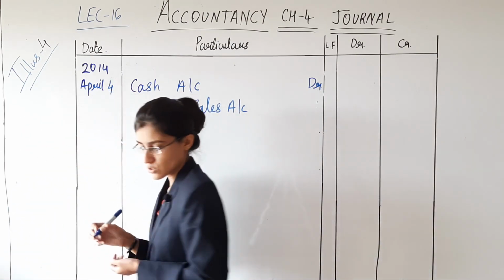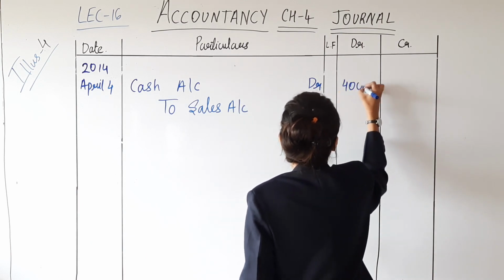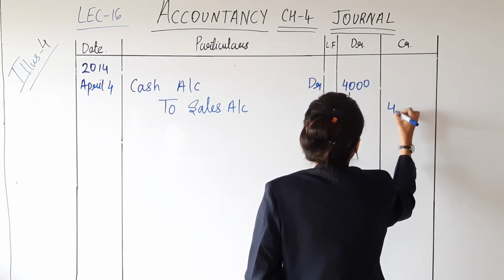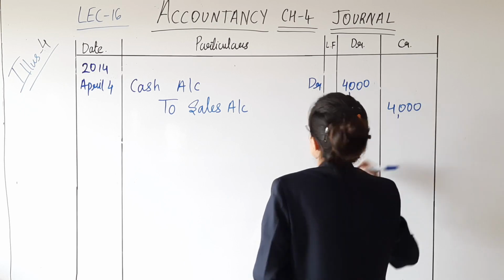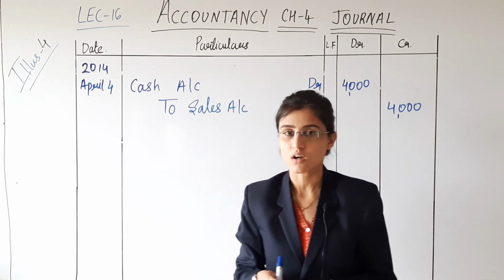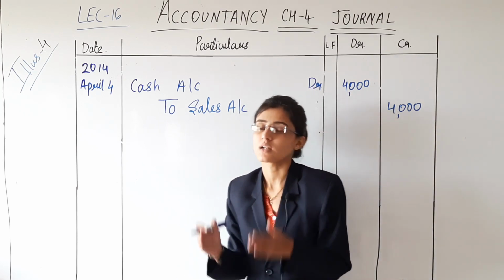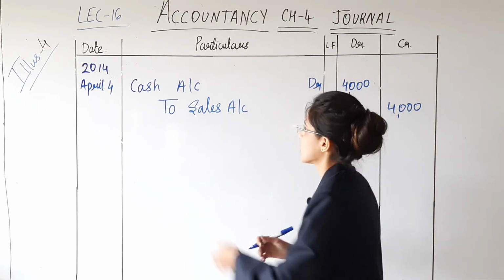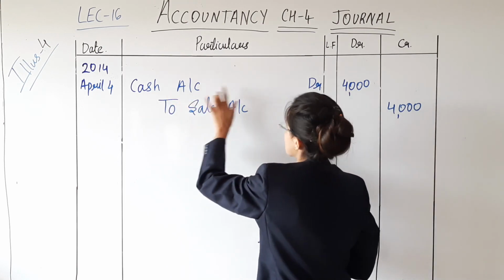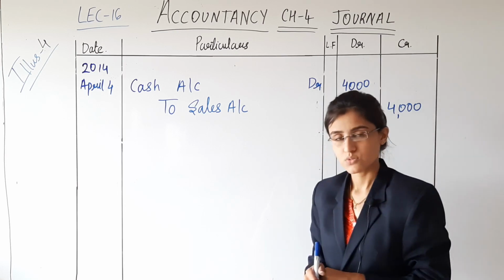It is on 4th of April and the amount is 4,000. Okay. Both of these are a part of real account. What is the rule of real account? It is debit what comes in, credit what goes out. Cash, debit what comes in, cash comes in, goods goes out.